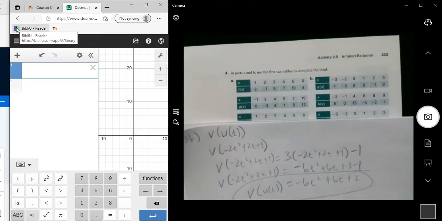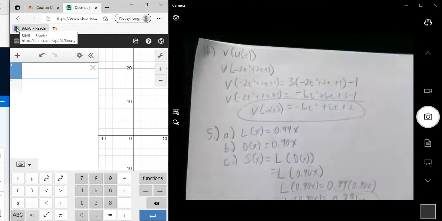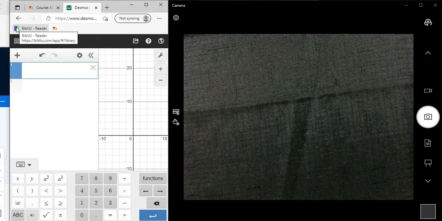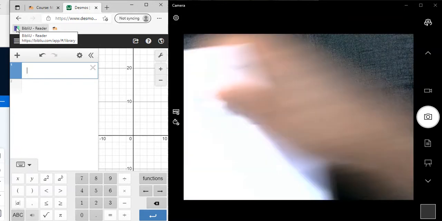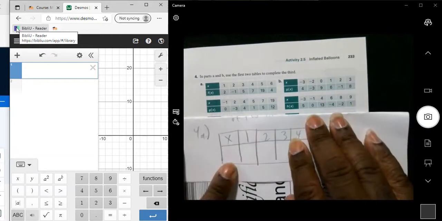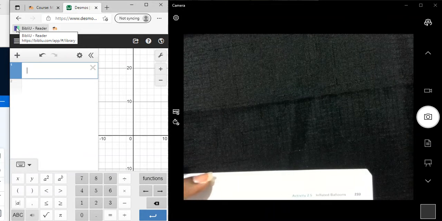So if we look here at 4A, let me see if I could adjust this paper a little bit. Oh, I didn't write down the formula: g of f of x.